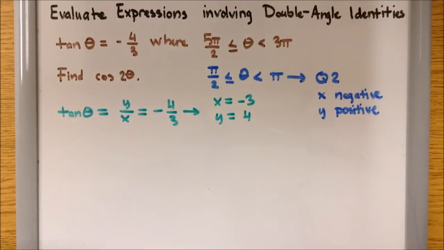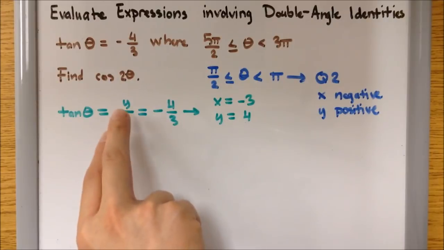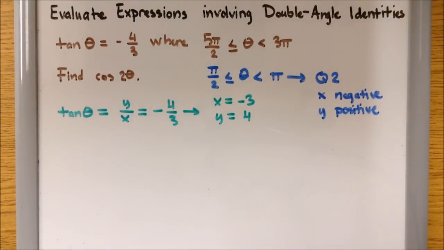So if you were given tangent and were required to find either sine or cosine, using the definition from 4.1 with x and y, we need to find the r value. The tangent definition doesn't give you an r value, it only gives you y and x. But sine and cosine require the r value.